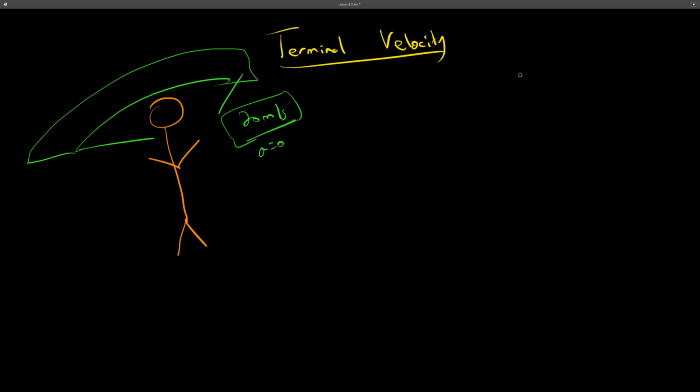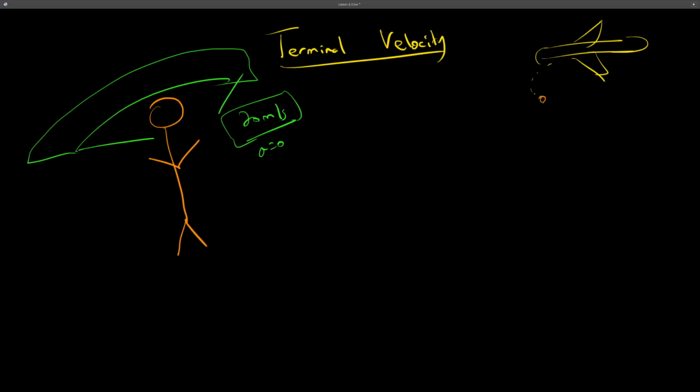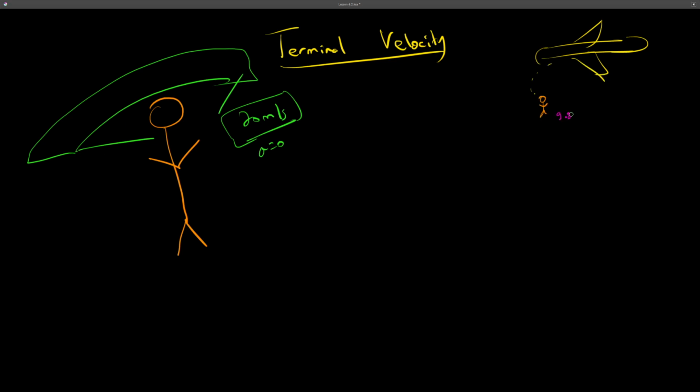So let's look at the trip of a skydiver. The skydiver starts at the plane. Here's the plane. Let's draw a plane. And he jumps off, right? And now he's going to end up being over here. And he's falling through the air. And he's going to accelerate by 9.8 meters per second squared, right?